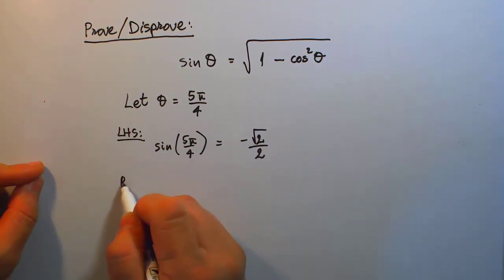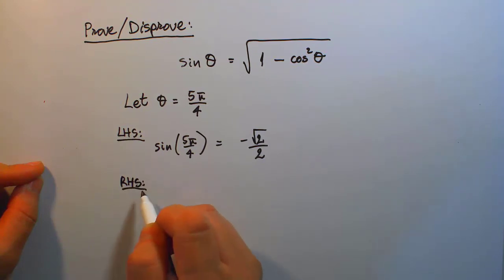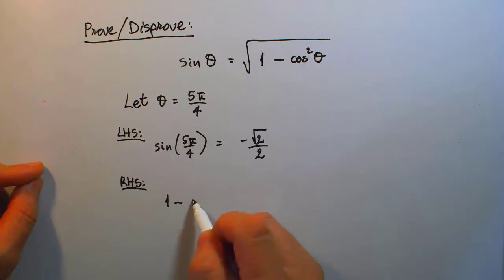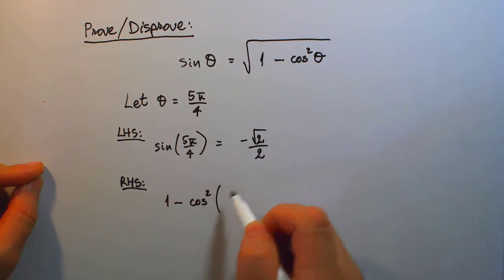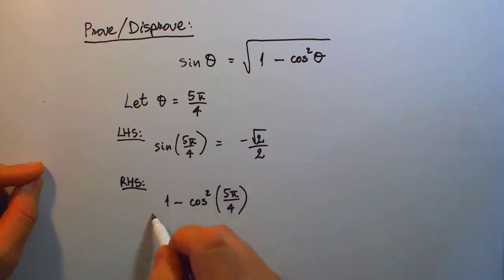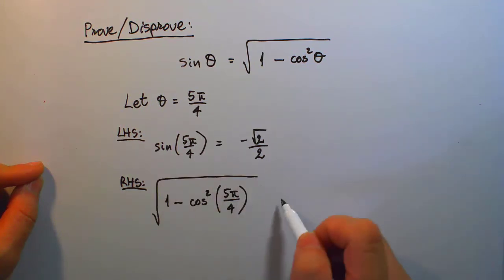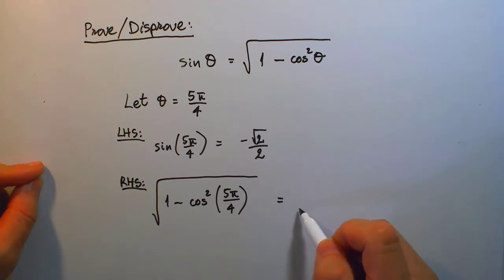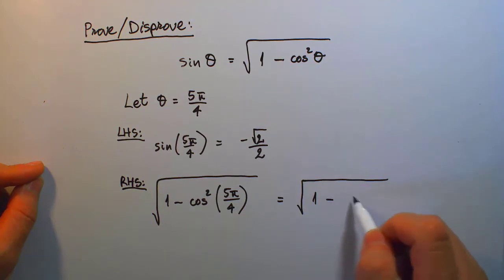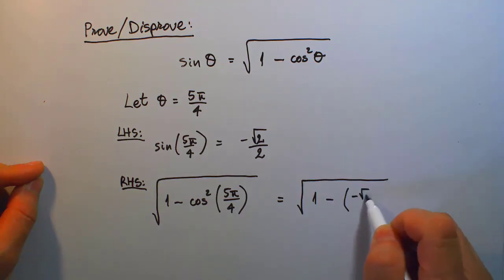The right-hand side, on the other hand, we're looking at 1 minus cosine square of 5 pi over 4, and we take the square root. Cosine of 5 pi over 4 is another negative square root 2 over 2.